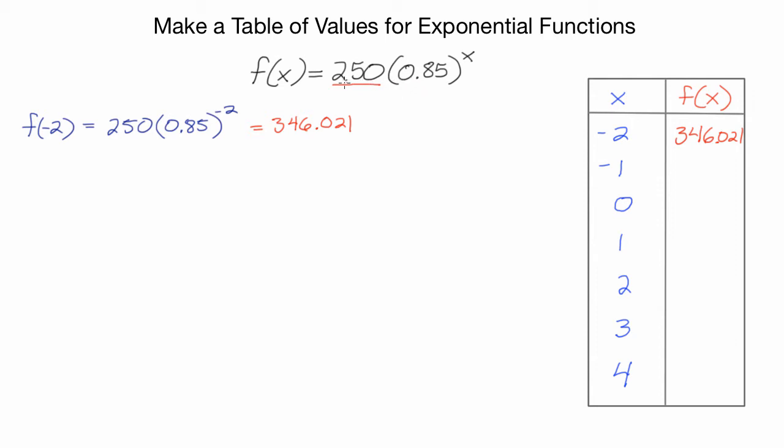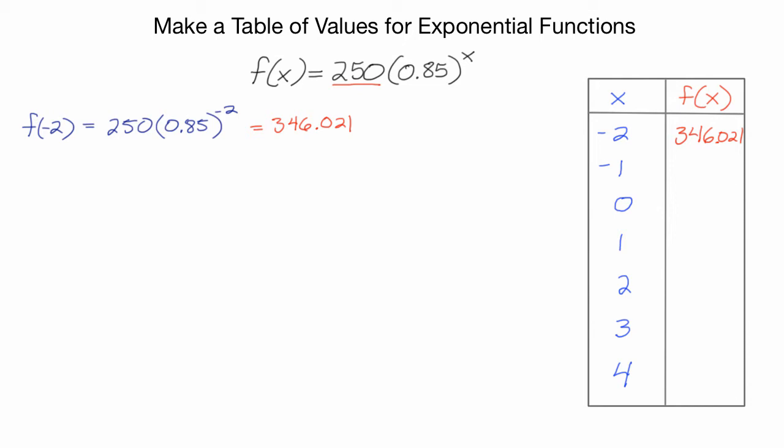But in this case, I'm taking 250 and I'm multiplying it by a fraction. So as I multiply it by 0.85, I should get smaller. But if I take 250 and divide by 0.85, which is what a negative exponent does, then dividing by a number smaller than 1 should make it bigger. So yeah, I ended up with a bigger number. That makes sense because 0.85 is less than 1.